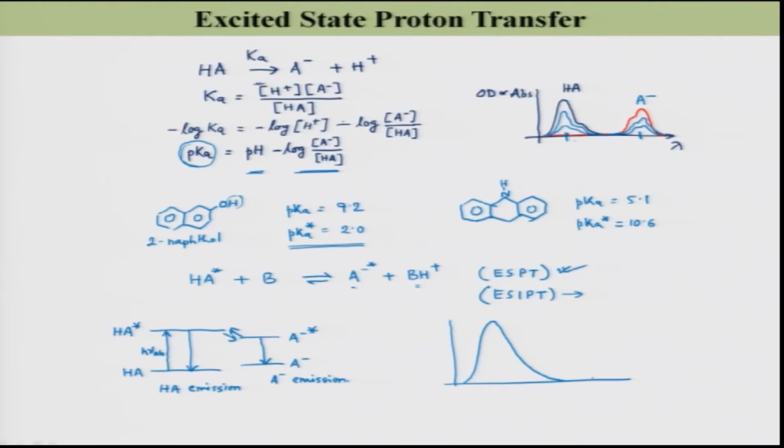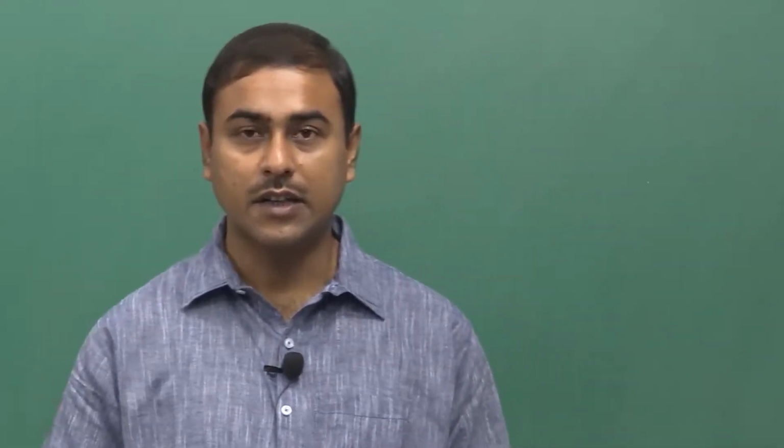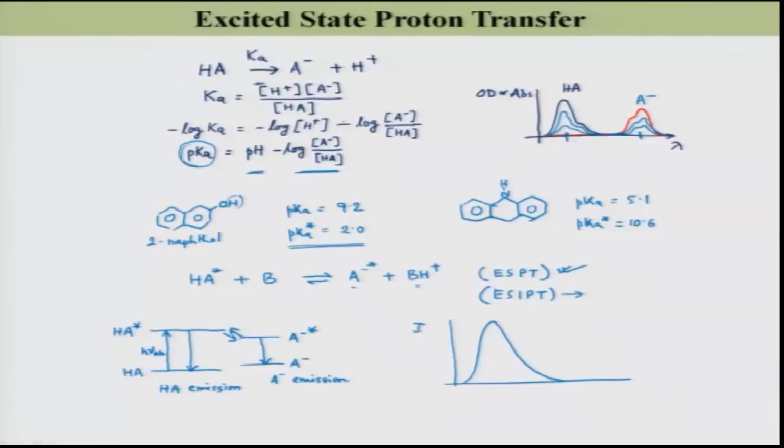When there is no one to accept the proton, or the pKa star value is very high so it is not possible to donate the proton, you will only see the emission spectrum coming from the HA. This is my intensity of fluorescence and here is your lambda emission. This is specifically for the HA molecule.